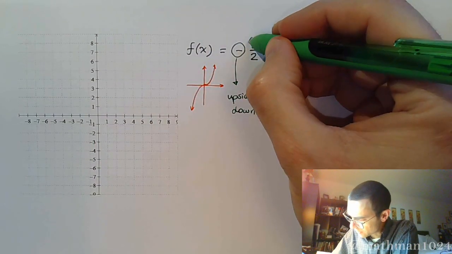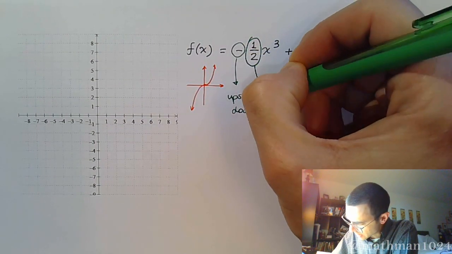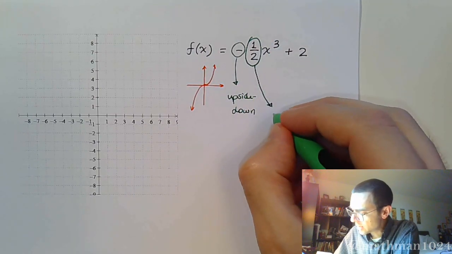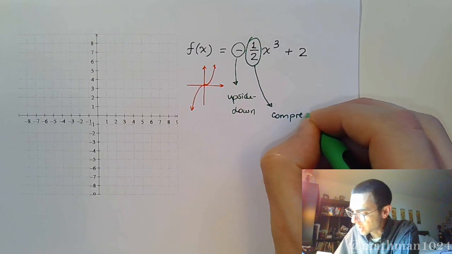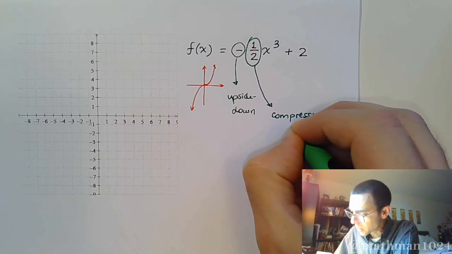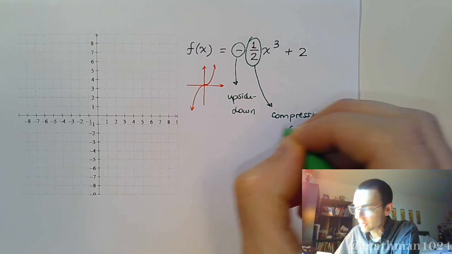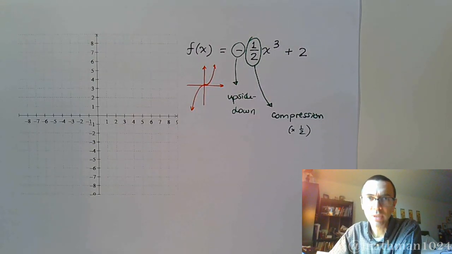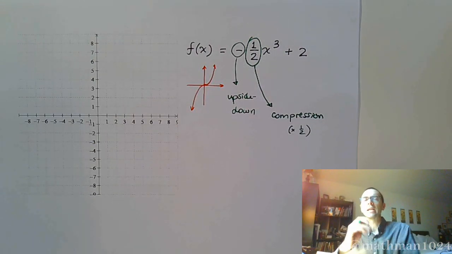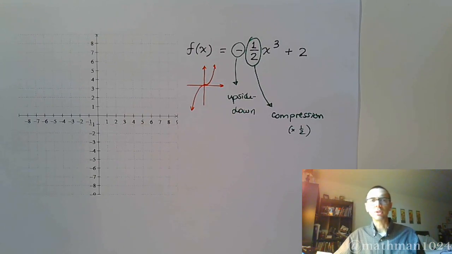This 1/2 is going to give us a compression. And the reason this gives us a compression is because it's a factor of 1/2. So it's something that's less than 1, so it's going to be taking our cactus and scrunching it up a little bit.